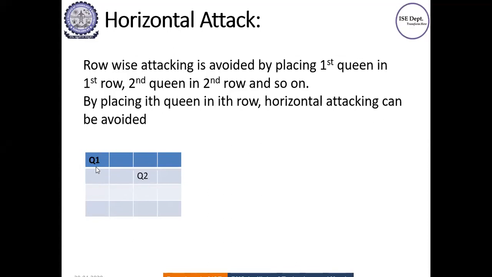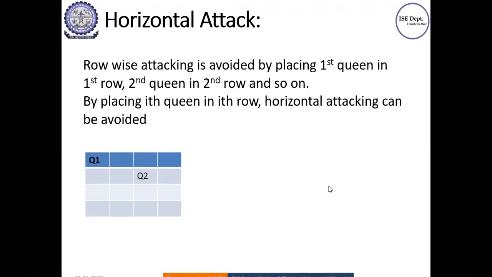By placing each and every queen in a separate row. You can write q3 somewhere here, q4, something like this. So this is how you avoid horizontal attack. Am I clear here?